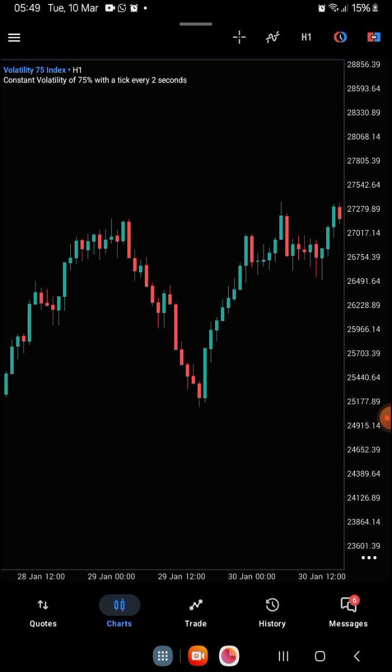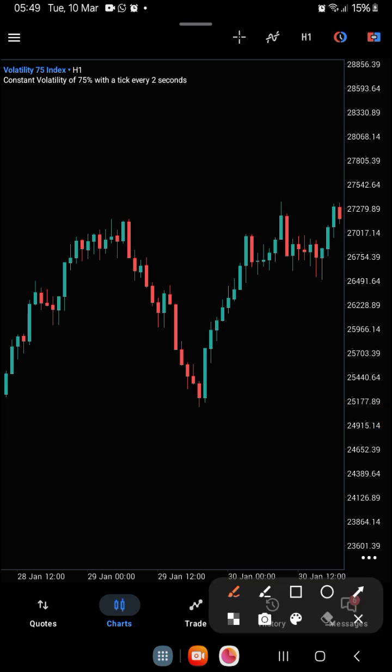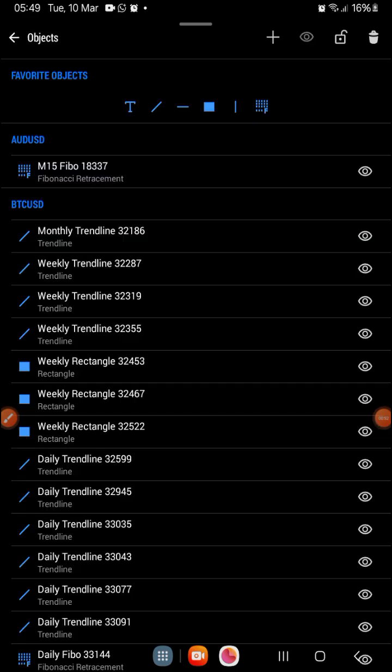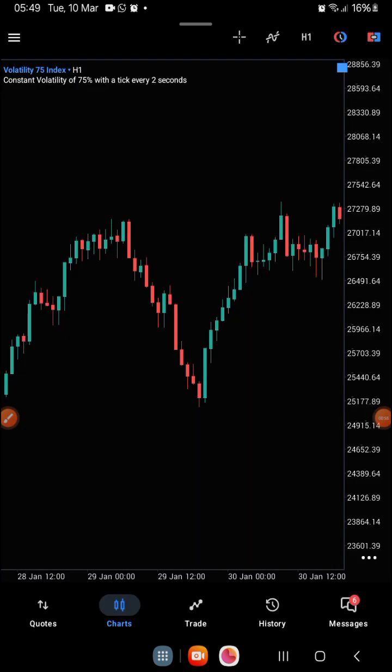Okay, so here there's a bearish engulfing here. Check nicely. Let me not use this one. Let me use the proper tools here.